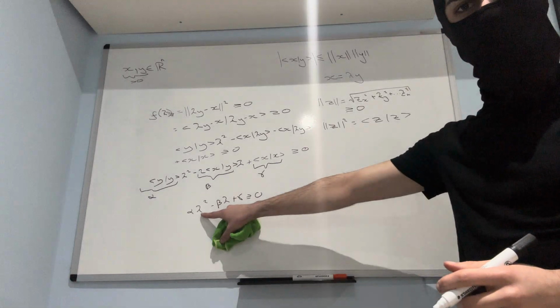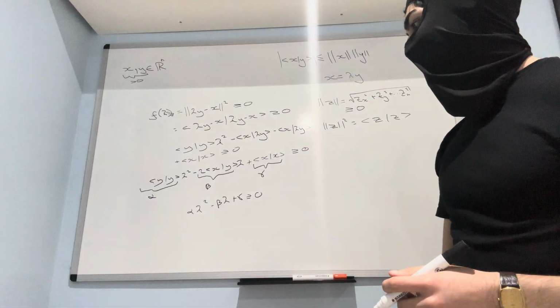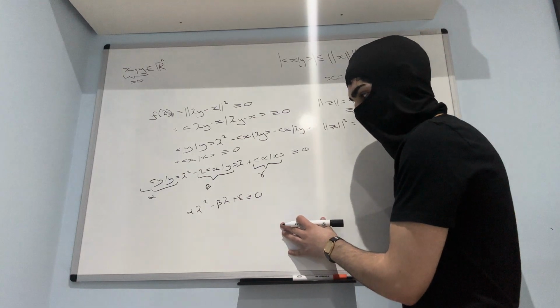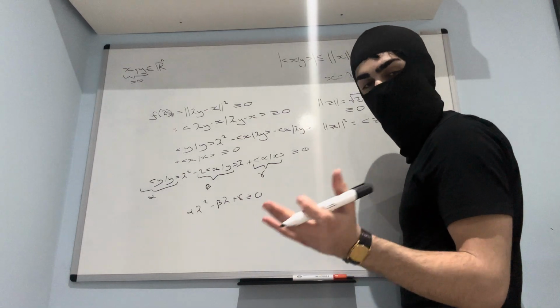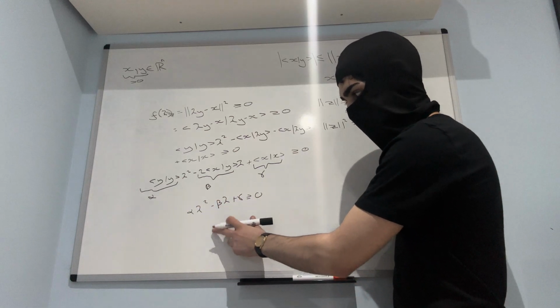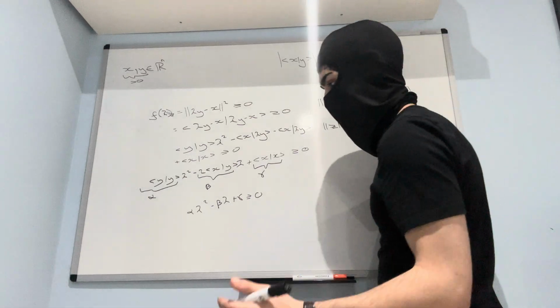Now it looks like a typical quadratic in its most basic form. To find the minimum of a quadratic, we usually substitute in minus b over 2a, or in our case, minus beta over 2 alpha. But because we have a minus here, we're just going to substitute in beta over 2 alpha.